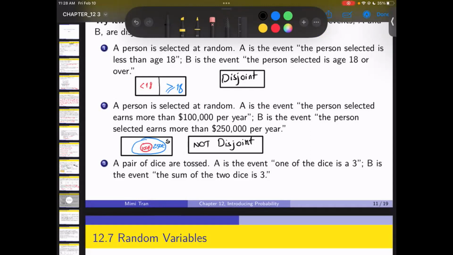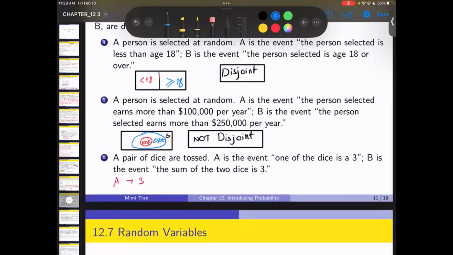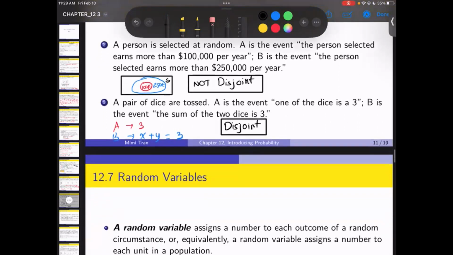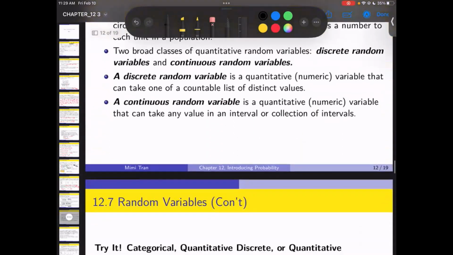So event A is a 3, but event B is something plus something equals 3, right? So they're disjoint. They're either 0 and 3 or 1 and 2. Hopefully you'll be able to distinguish disjoint or not disjoint on your quiz.